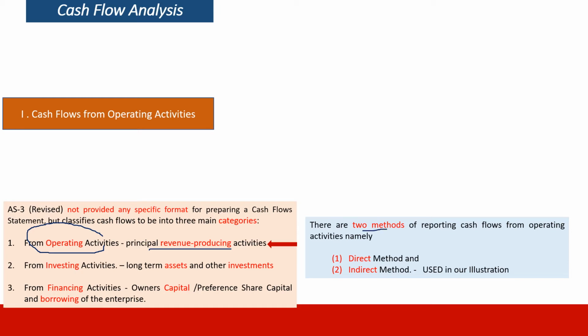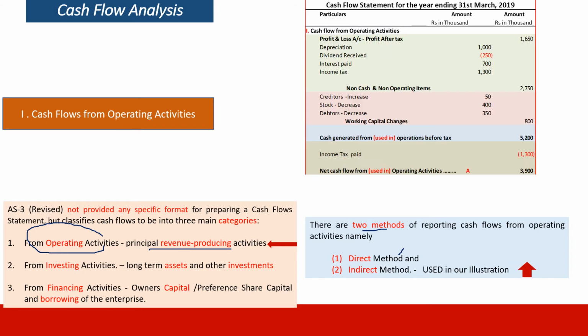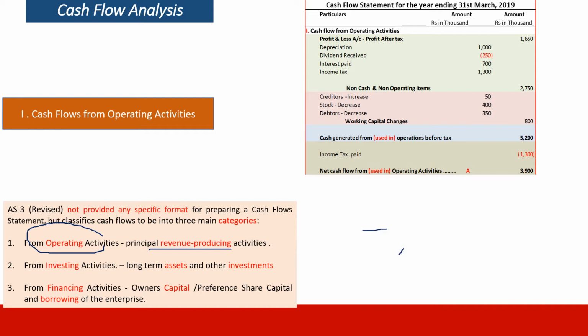There are two methods of getting operating activity cash flow: the direct method based on transaction-wise details, and the second one, the indirect method. We will be using in our illustration the indirect method. Here we have the template of cash flow from operating activities, which has profit and loss account, profit after tax, and other details. Let us get into the details of it.